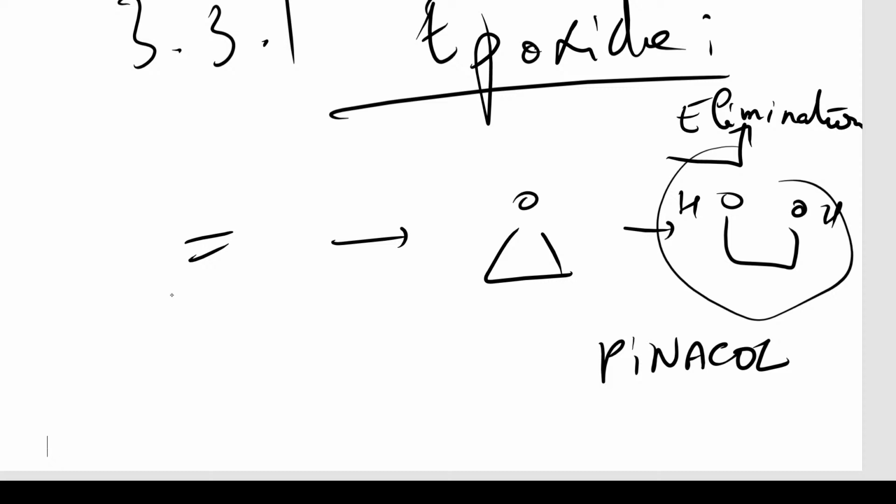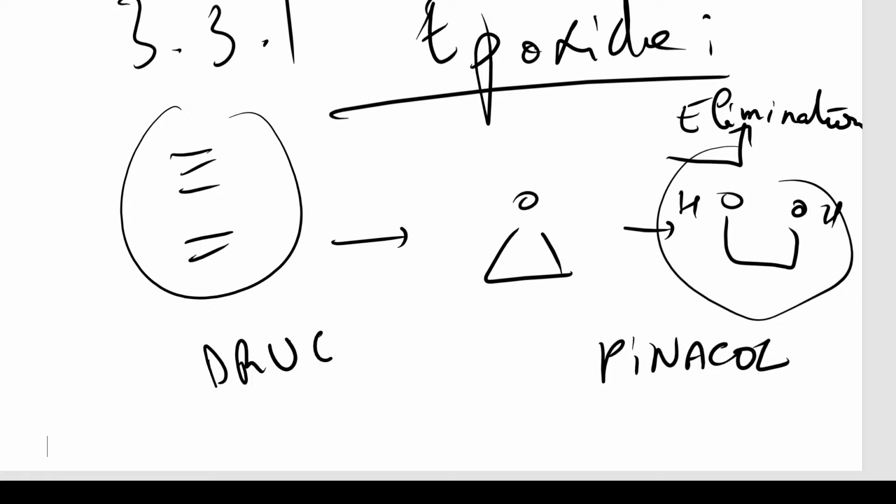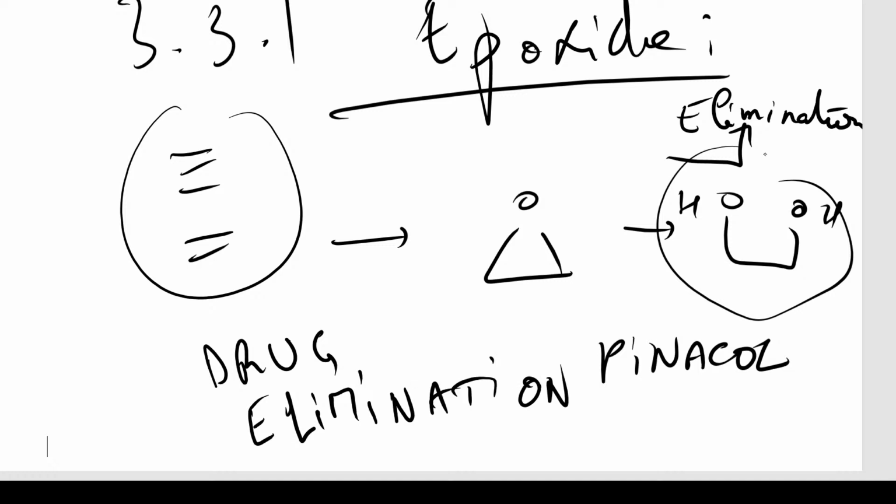When you have very hydrophobic compounds containing a double bond or triple bond, our body, if you take one compound, the process for its drug elimination follows this process to make it more soluble in water. Okay, increase the solubility, increase elimination.